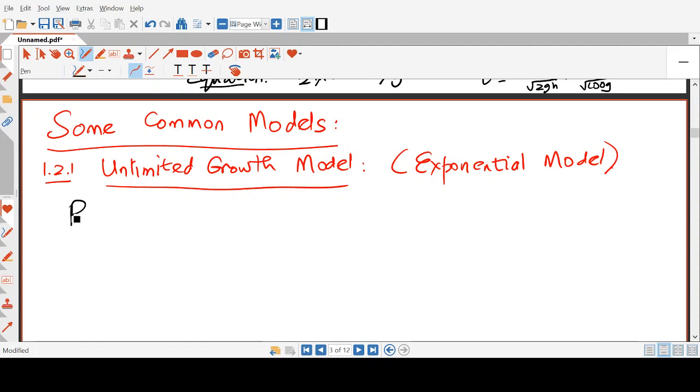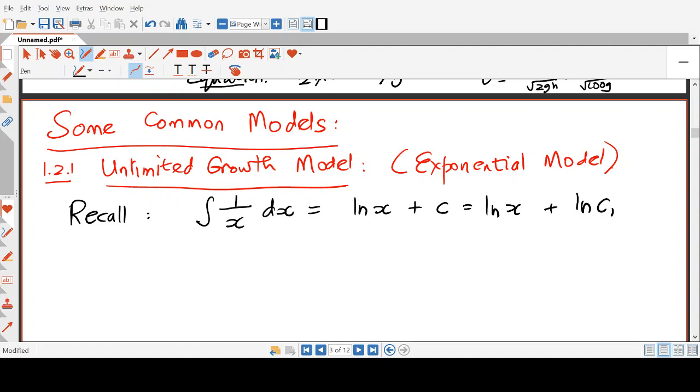Before I discuss it, just recall, what is the integral of 1 over x dx? ln x plus c, some constant. I can also call this ln x plus ln of c, some other constant. It's the same thing, it's a constant.